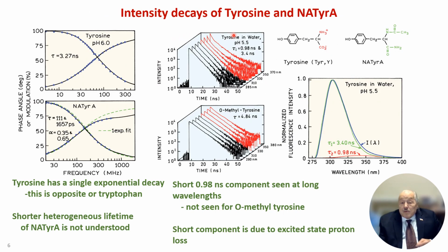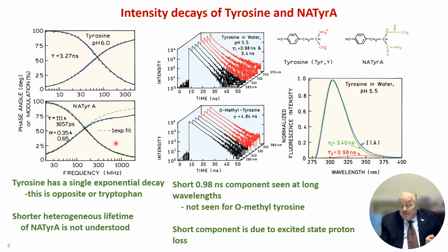Now let's go to tyrosine, which is the other aromatic amino acid that we speak about. And of course, we can have tyrosine or N-acetyl tyrosinamide, which is a derivatized version. If you look at tyrosine itself, in buffer, it's purely a single exponential, so we don't have this complication we had with tryptophan.